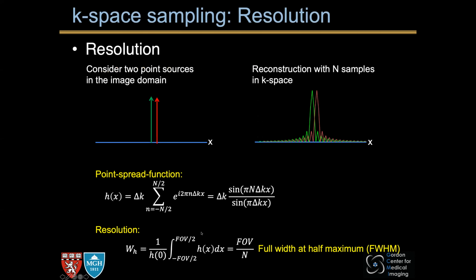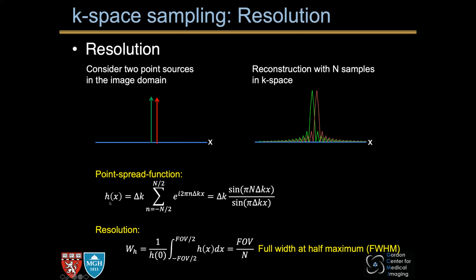Okay, more specifically, let's consider two point sources. One is green, one is red, and we can calculate the point spread functions of these two sources, and we can see that they overlap. We define the resolution of this reconstructed image using the so-called full width at half maximum formulation.